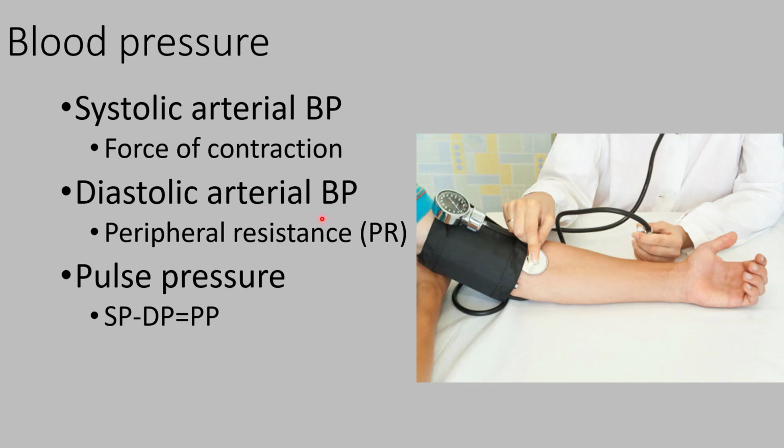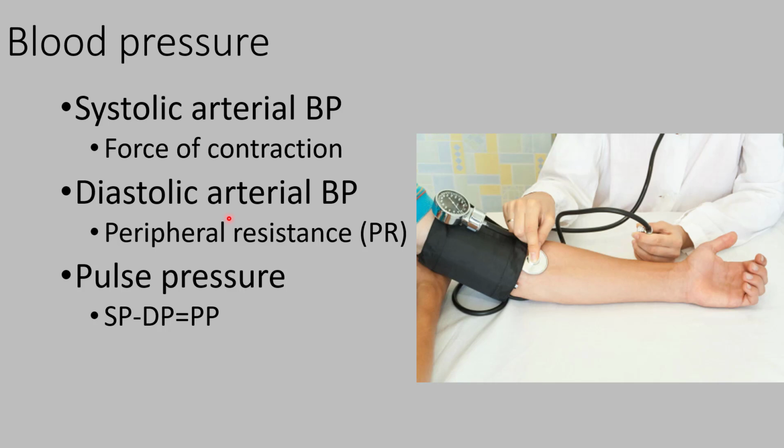Diastolic arterial blood pressure. This is the bottom number. It is the lower pressure. So diastolic blood pressure is the pressure in the aorta during ventricular diastole, when the ventricles are relaxed and they are not pushing blood into the aorta. So this is just pressure in the aorta without any influence from the heart itself.